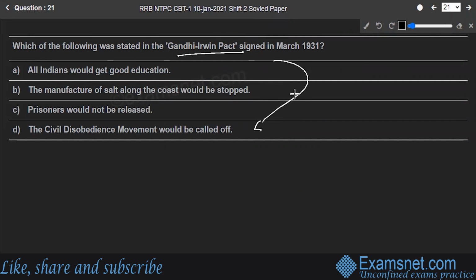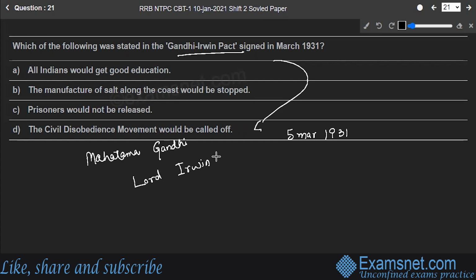The Gandhi-Irwin Pact was actually signed on 5th March 1931. This pact was a political agreement signed by Mahatma Gandhi and Lord Irwin. The important points agreed in this pact were: Number one, the government would release most of the civil disobedience volunteers.